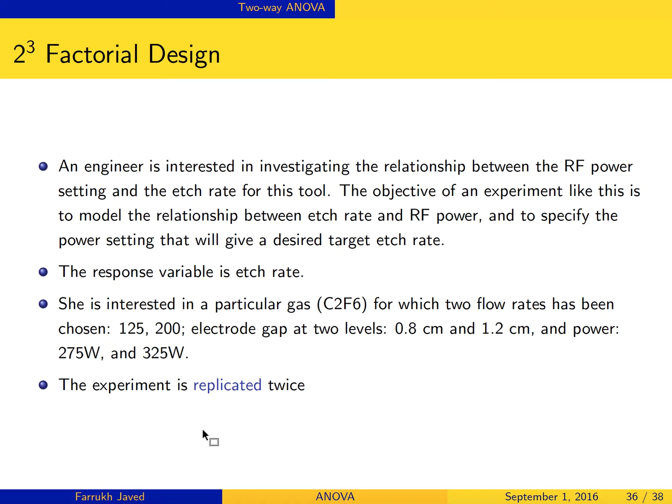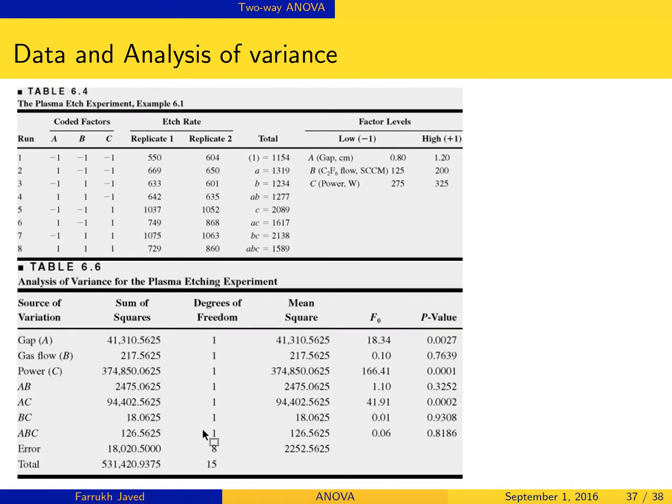Another example, which you can read even in a more general way. So we have three different factors: gap, gas flow, and power, and there are some interactions associated with them. We run the whole experiment, and then we get the p-value. The p-value says that the gap was performing differently with respect to levels, but gas flow was not performing differently.